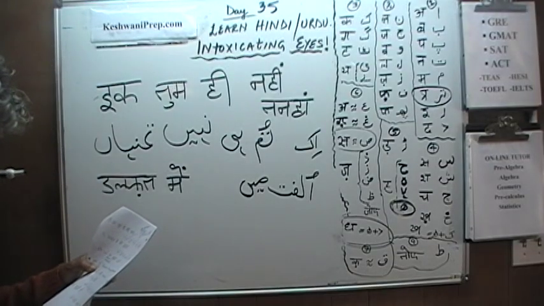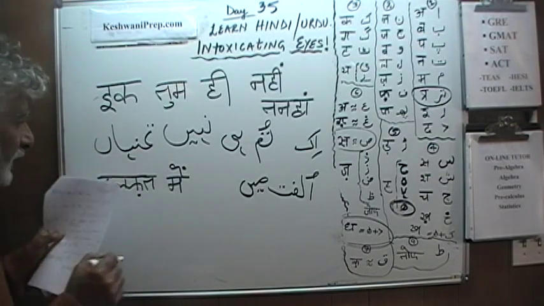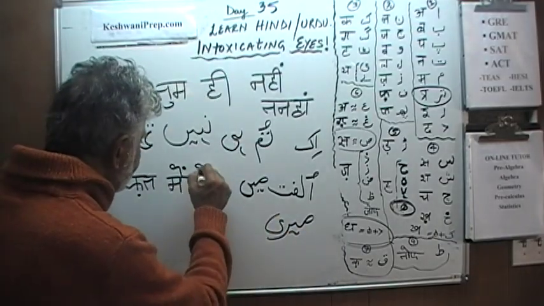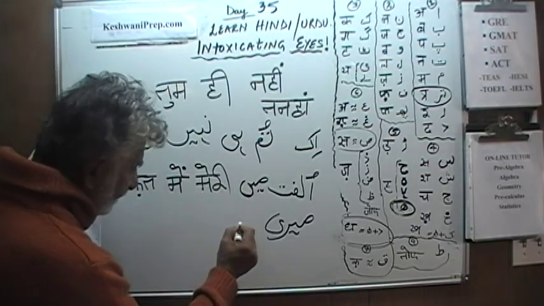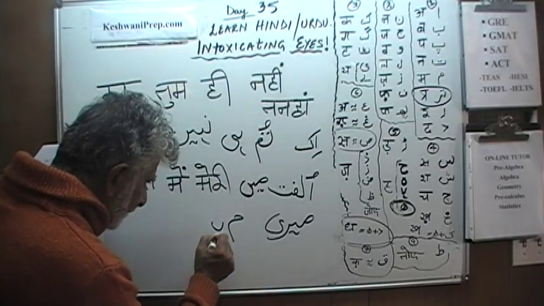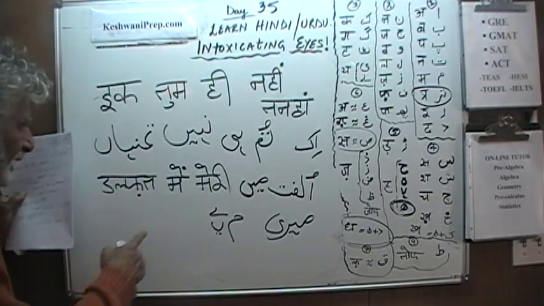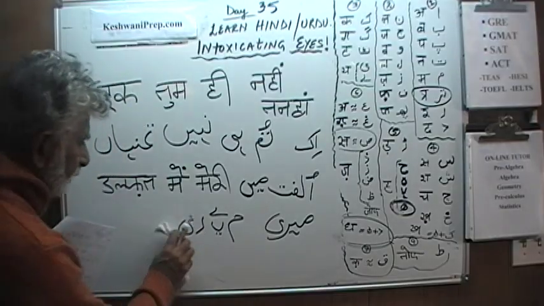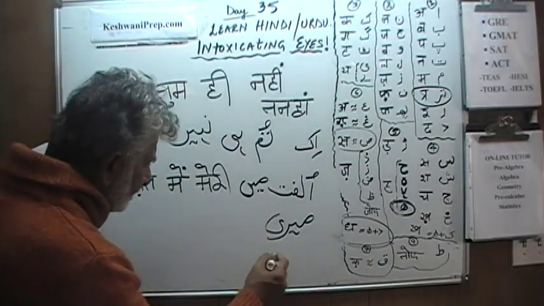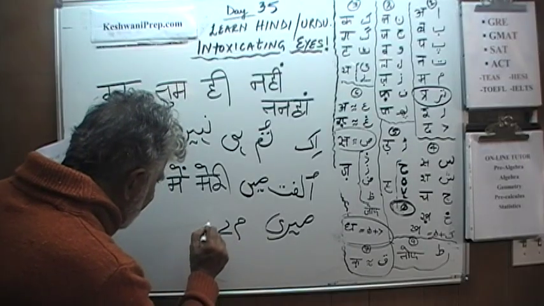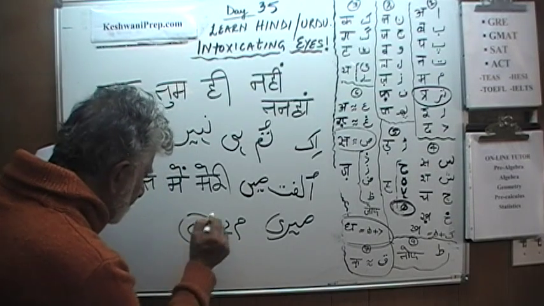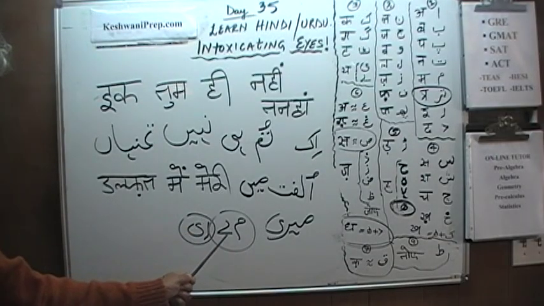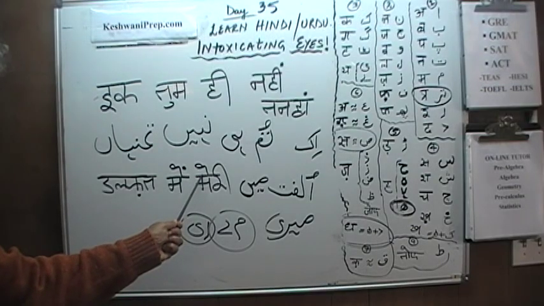Ulfat में Mary, again that is ma, ye, that makes, this is a badi ye, that makes it me, and then ra, and then a choti ye. So when it's broken up, this thing reads meem, badi ye, me, and then re, and choti ye, re. Choti ye gives us badi e ki matra, badi ye gives us e ki matra, choti e ki matra.